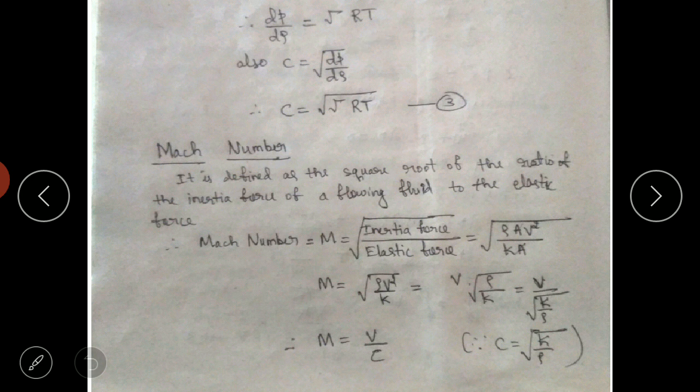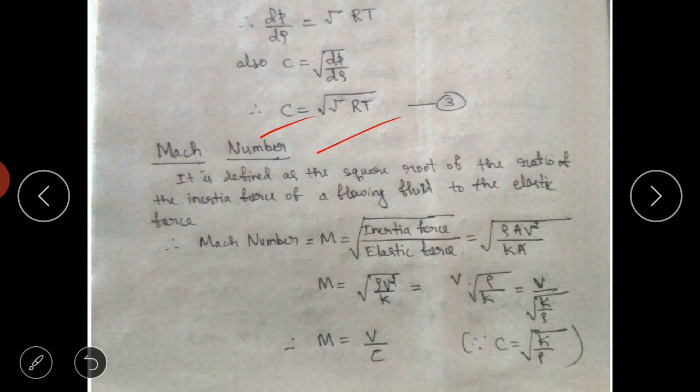This is the expression for the adiabatic process, meaning the velocity of sound for the adiabatic process. By using the adiabatic process, we have got this equation, gamma into RT. This RT can be replaced by p by rho.